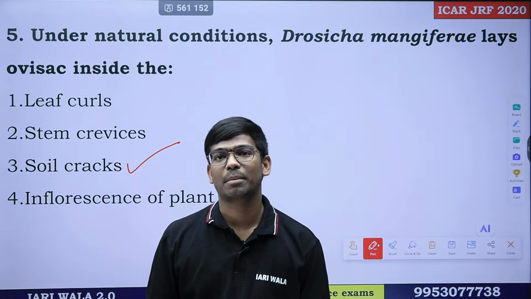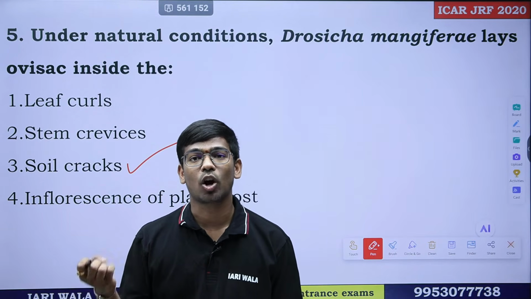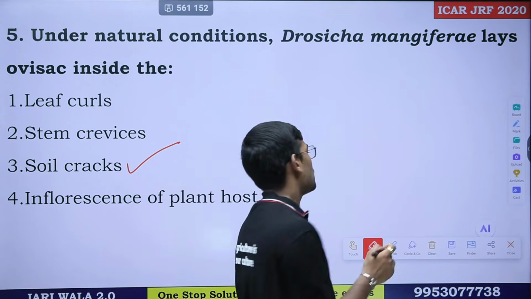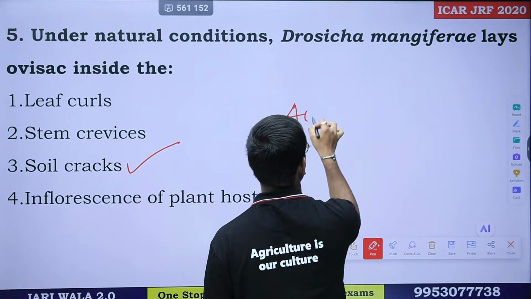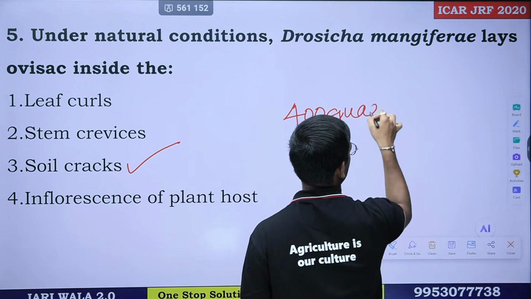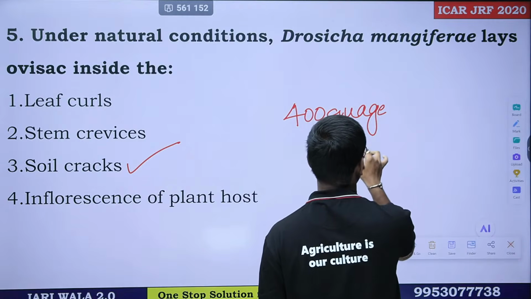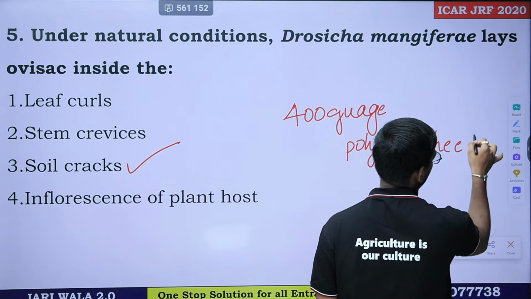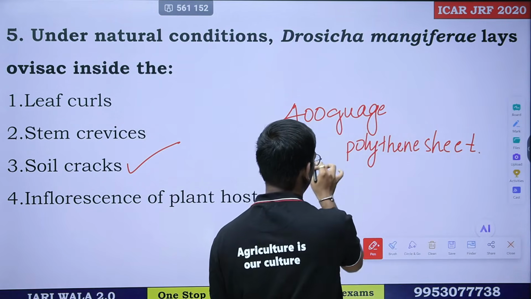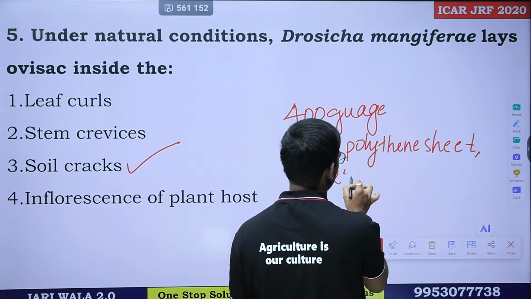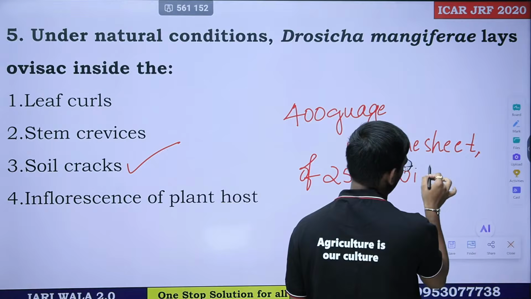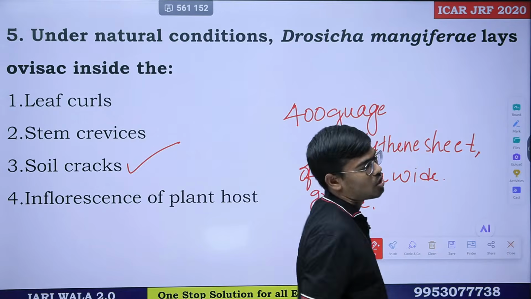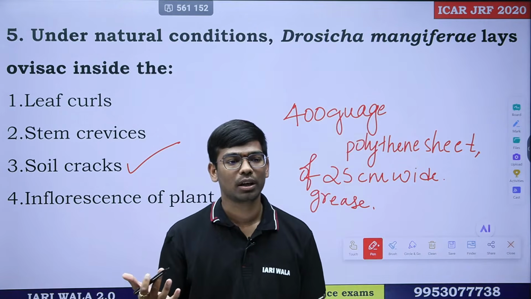When the nymphs or the crawlers emerge, they will crawl up to the mango tree, and that's why we will use the alkathene band, the 400 gauge polythene sheet, 25 centimeters wide, and we will apply any grease or any insecticide to that, so that the nymphs cannot crawl up to the mango tree.